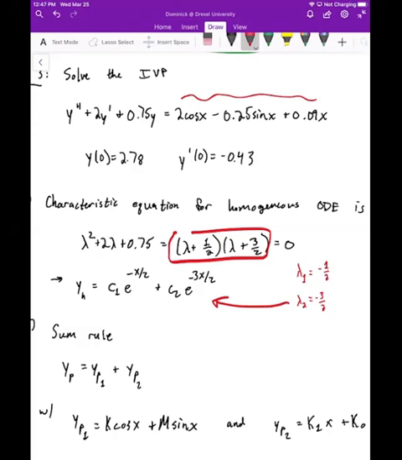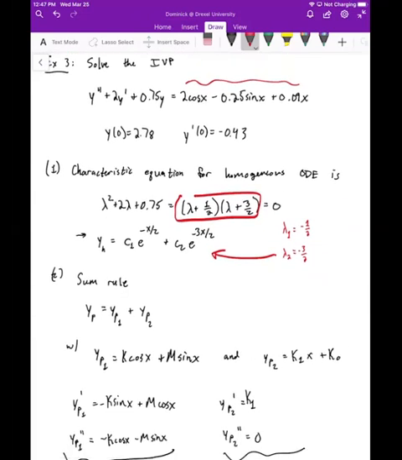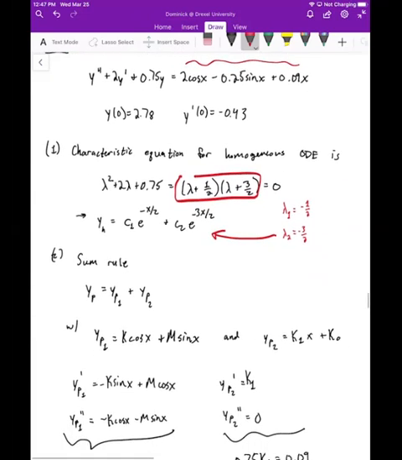Right, so now here we have the sum rule because we have sine and cosine terms. So I'm basically saying here that y p1 corresponds, it's not equal to, but it corresponds to 2 cosine x minus 0.25 sine of x.